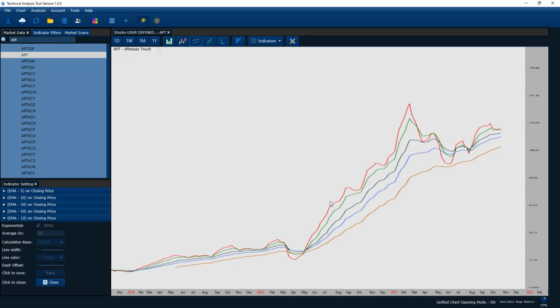The last way is that the moving average can provide the average cost differences, right? So here, as you can see, the red line means the 5 weeks moving average, and the golden line down here is the 50 weeks moving average.